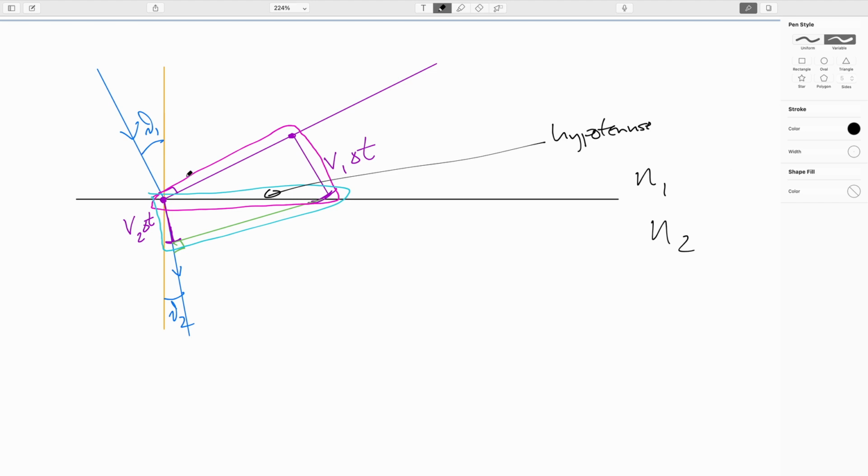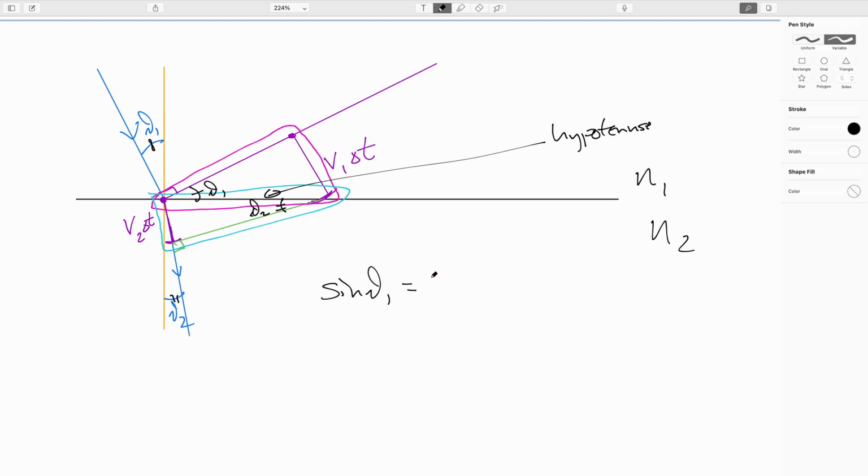Now, we've already worked out before that this angle theta 1 here is also going to be this angle here. That will also be theta 1. And this angle theta 2 here, you can also argue will have to be equal to that angle there. So now what we can do is, by looking at this triangle here, we can observe that the sine of theta 1 will be equal to this leg here.